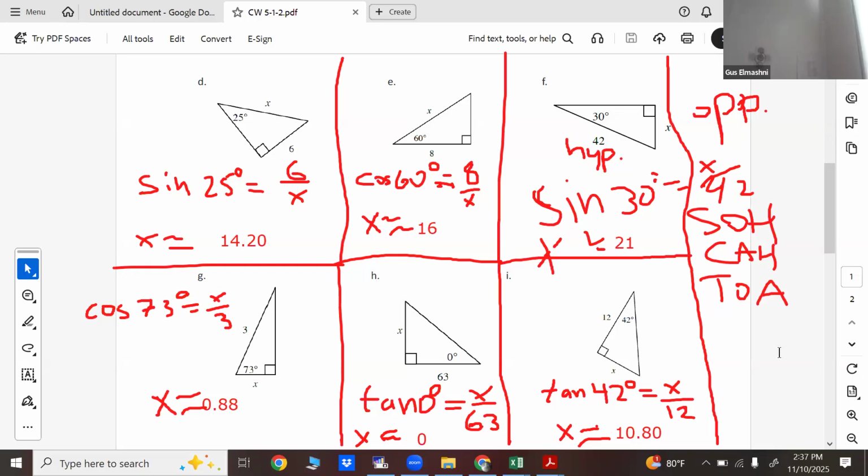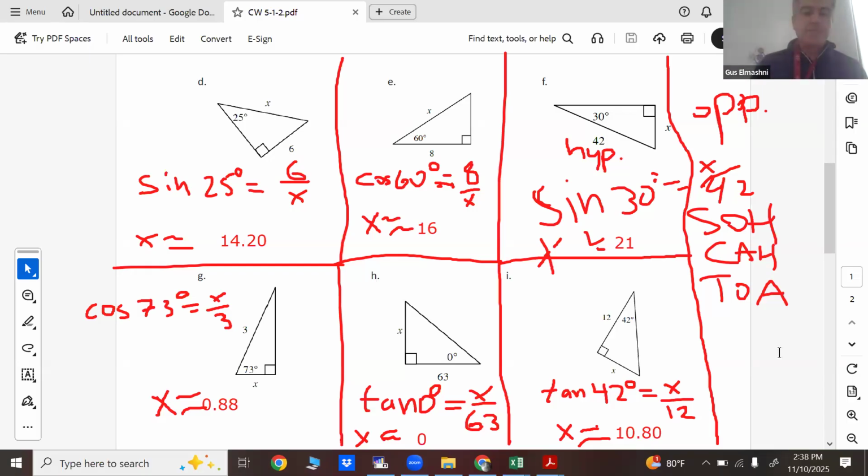Yeah, you did, so what you're doing is rounding a little too soon. Wait till the end to round, don't round in the middle. Just type in 6 divided by sine 25. What you're doing is computing sine 25, rounding that, and then doing the calculation, so you're not getting a very accurate answer.